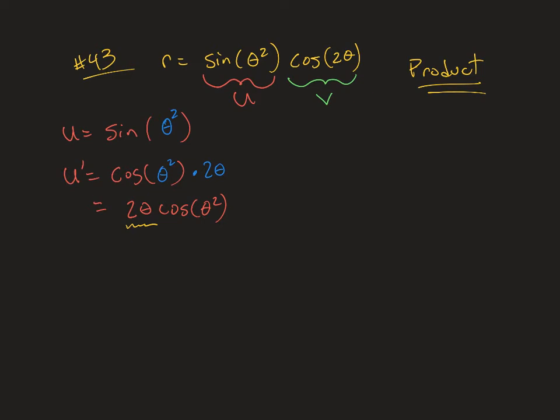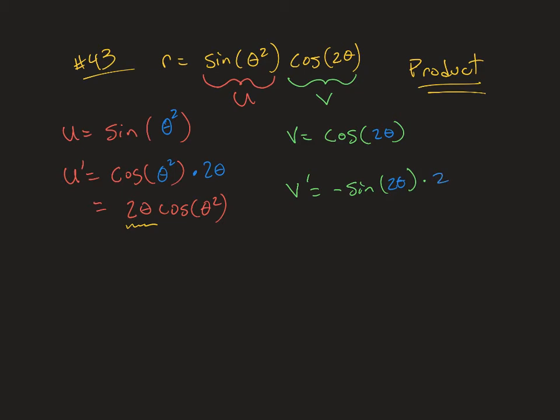V is going to have a similar situation. If V is cosine of 2 theta, that's a function in and of itself, V prime is going to be the derivative of cosine of 2 theta, which is negative sine of 2 theta, right? But then I have to multiply by the derivative of 2 theta, which is just 2.